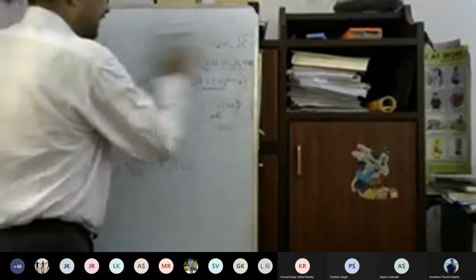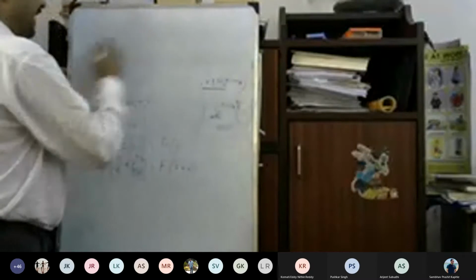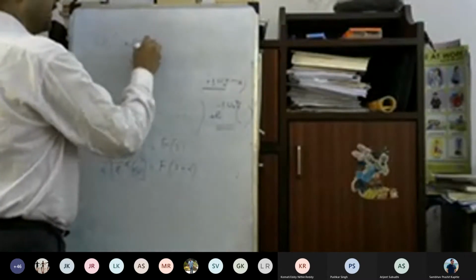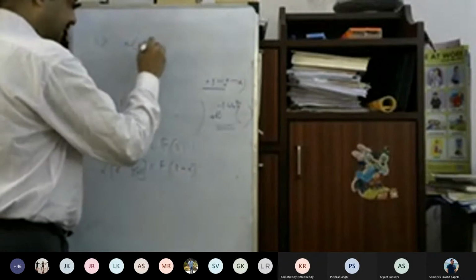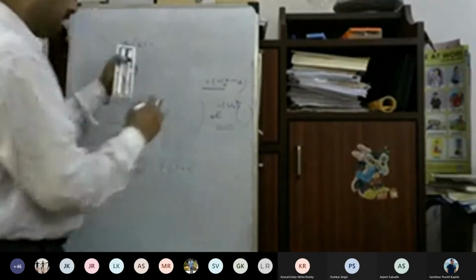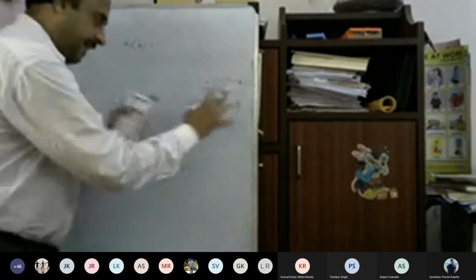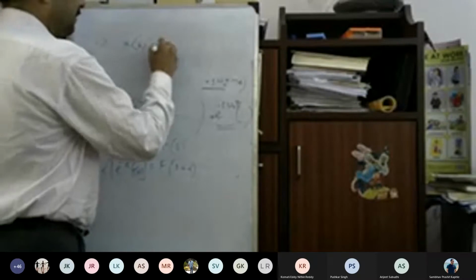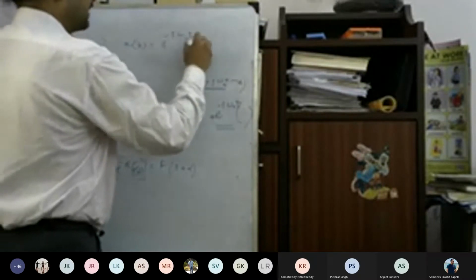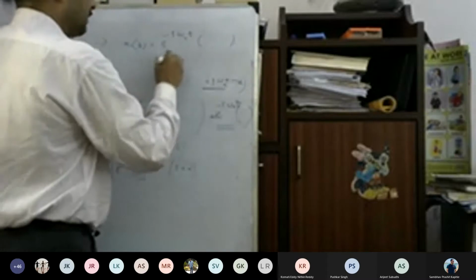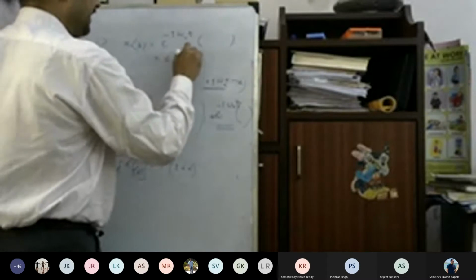So for zeta greater than 1, we will have x(t), which is only due to the zero state, that means it is not because of this part for F(s), but only for that one. This will be e to the power minus zeta omega n t, and something will be there plus e to the power minus zeta omega n t.